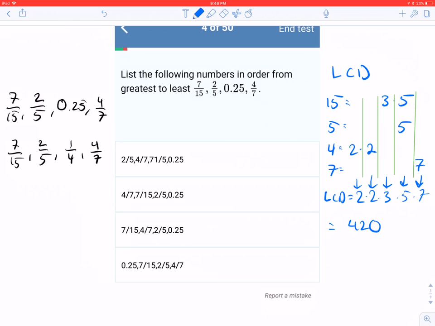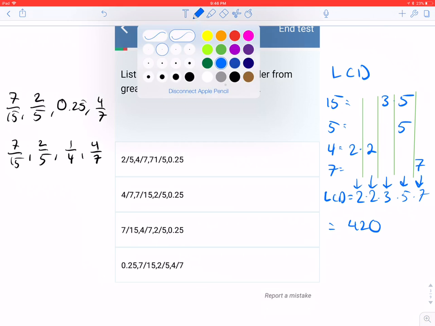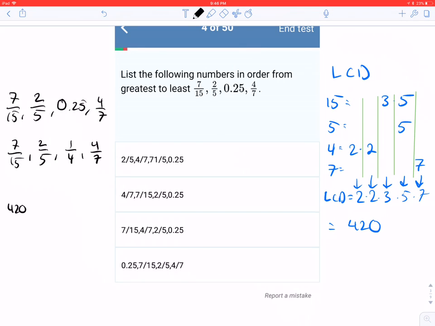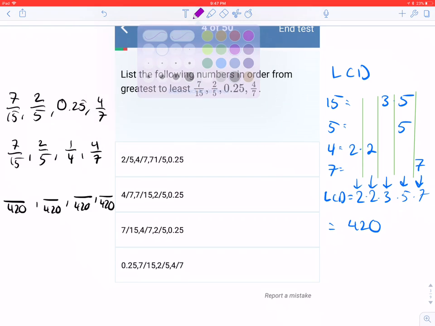So now we're going to rewrite all the denominators to get to that 420. So we want this to be over 420, over 420, over 420, and over the 420, okay? Now, 15, now if we look at this, 15 is 5 times 3.